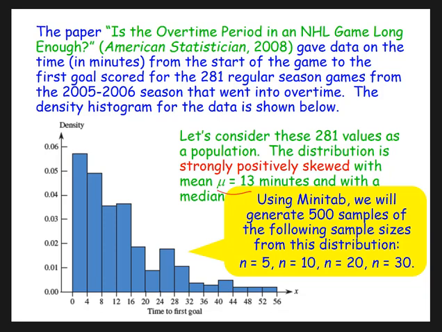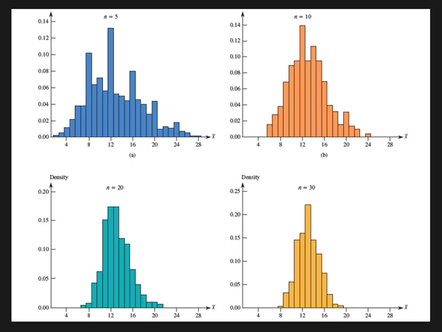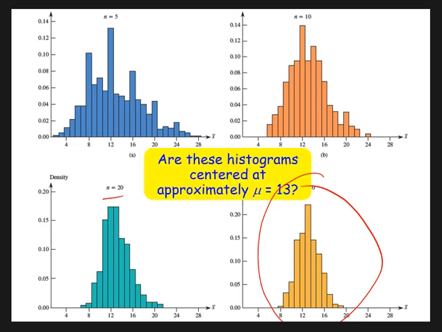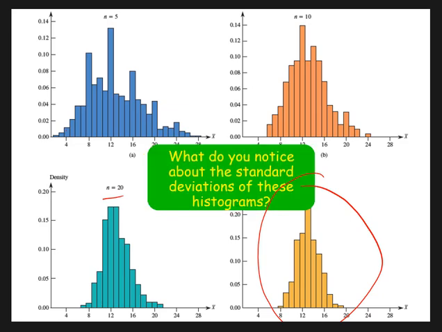We can generate samples from this data. If n equals 5, we get this kind of weird looking distribution. N equals 10, 20, 30. You can see at n equals 30, that's starting to look like a bell curve again, like a normal distribution. As a general rule, each of these histograms has a center at 13 because that's the population mean. The standard deviation gets smaller, the data gets closer together, the larger the sample gets.